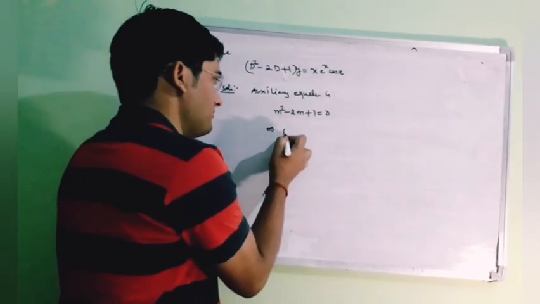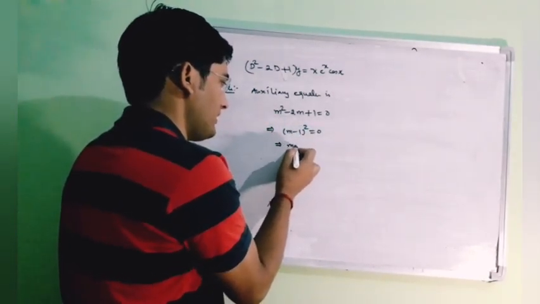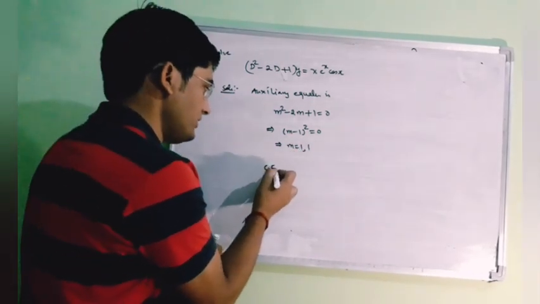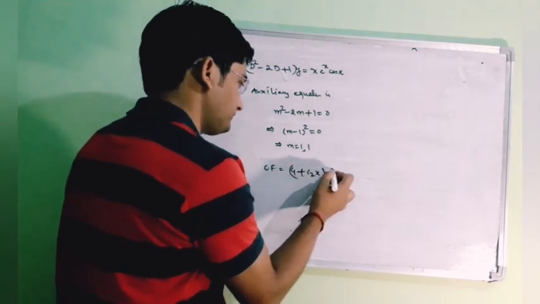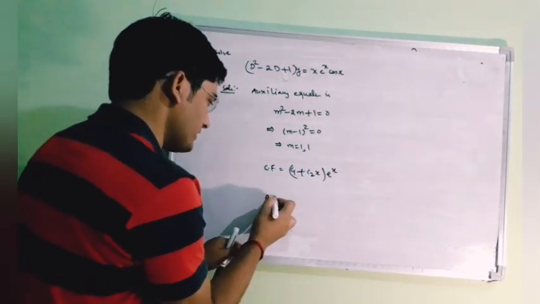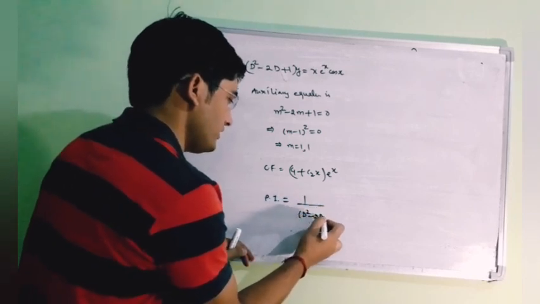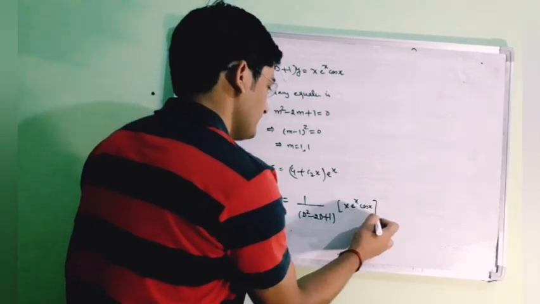So this is your m minus 1 whole square equal to 0. So from here we have m equal to 1 and 1. So your complementary function will be c1 plus c2x e to power x, and your particular integral will be 1 upon d square minus 2d plus 1 of x e to power x cos x.